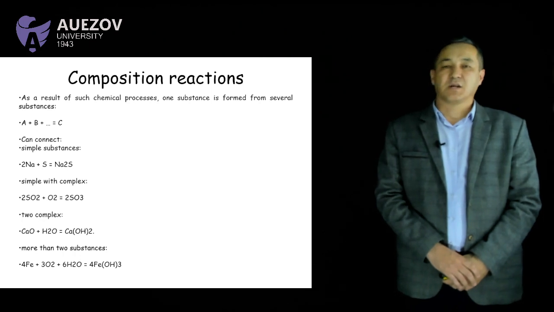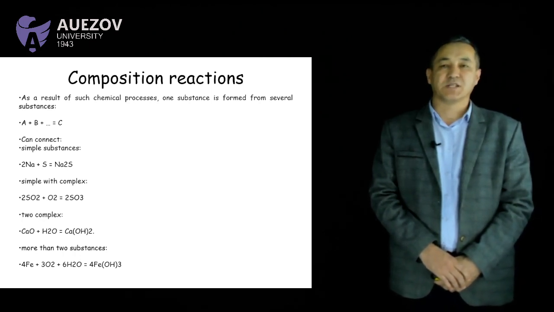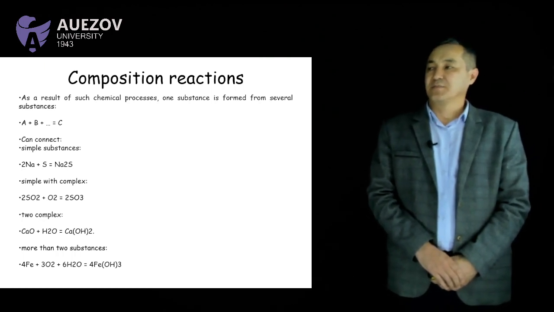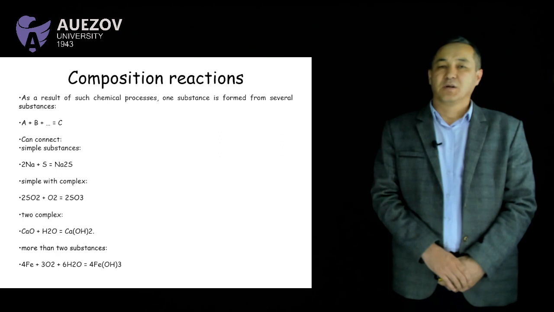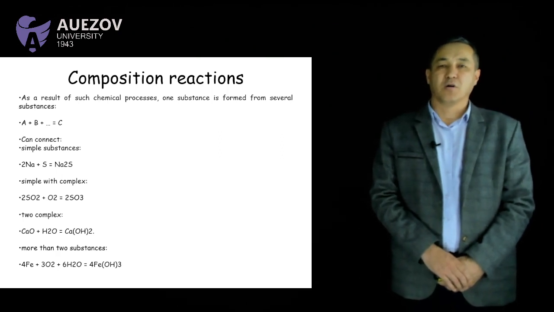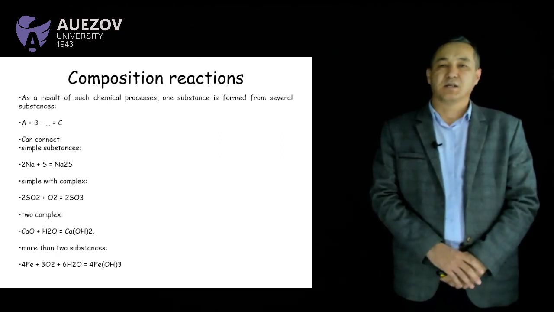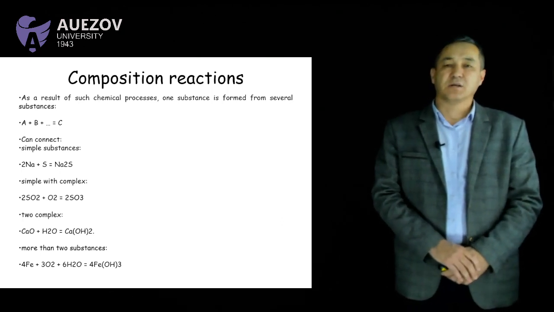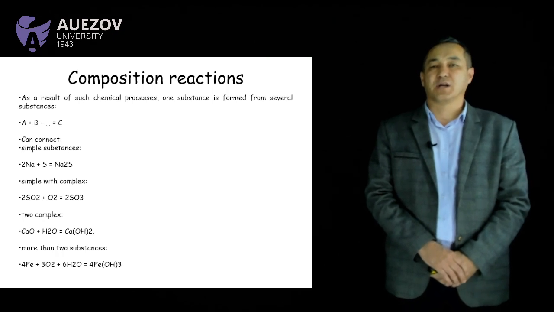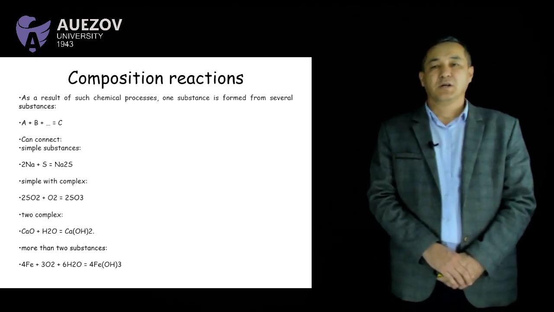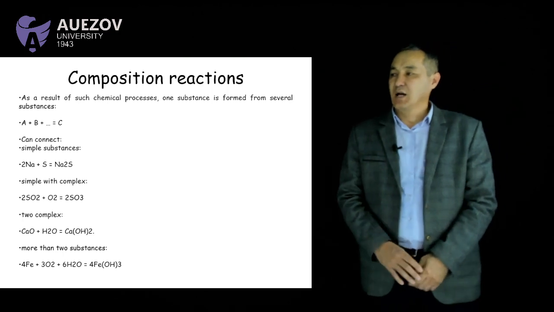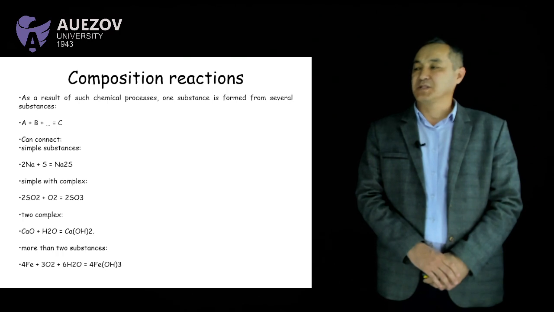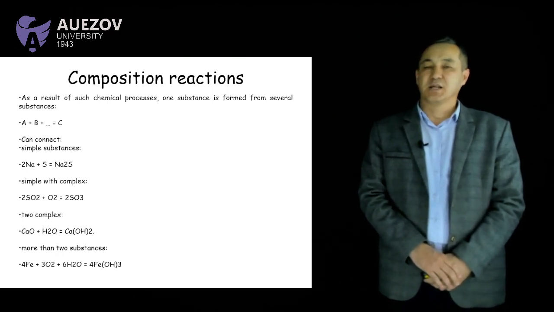A composition reaction can proceed between several types of chemical substance, for example, two or more simple substances, and as a result of this reaction we get one chemical substance, connecting simple substances.